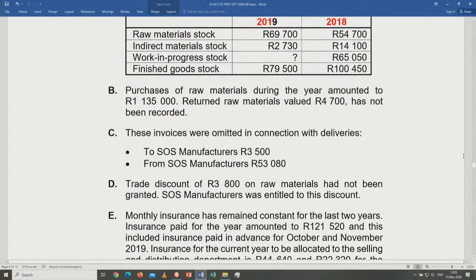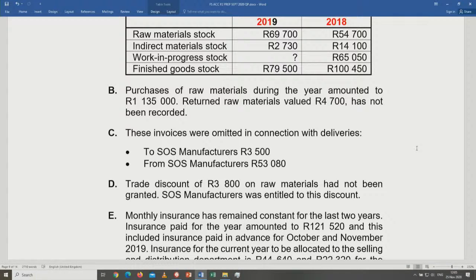Let's go to B. Purchases of raw material during the year amounted to 1,135,000. Returned raw materials valued at 4,700 have not been recorded. So I'm just going to write in my pen again.